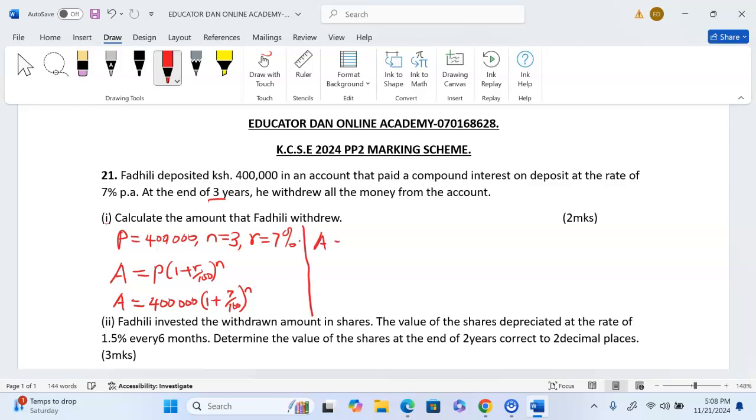So amount is going to be equal to 400,000. We multiply by 1 plus 7 over 100, which will be 1.07, raised to 3.